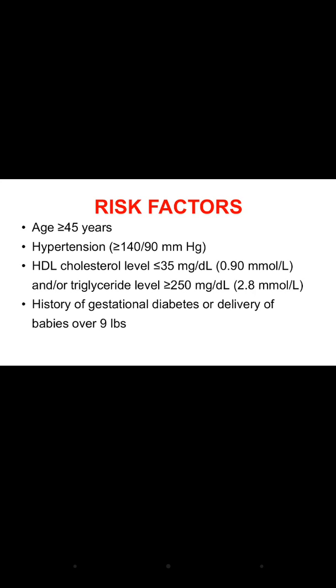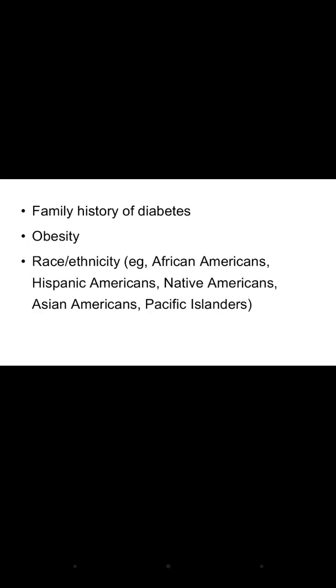Or the baby is born whose weight was more than 9 pounds, right? So 1 pound is approximately 450 grams. So if the baby's weight is more than 9 pounds, then the woman is more at risk for developing diabetes mellitus, that is type 2. We will discuss the classification in the later slides.